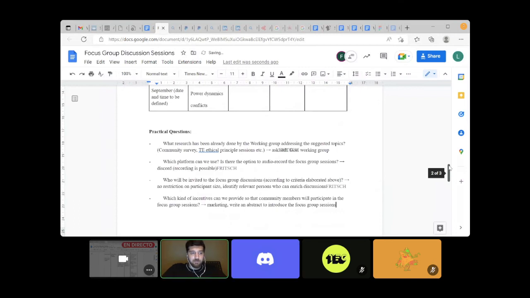Exactly. My background is also political science. Okay, cool. So I'm not the only social scientist. My background is political science and economics, and I'm learning this stuff for some time.